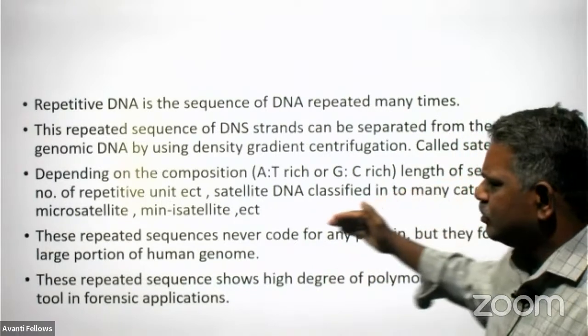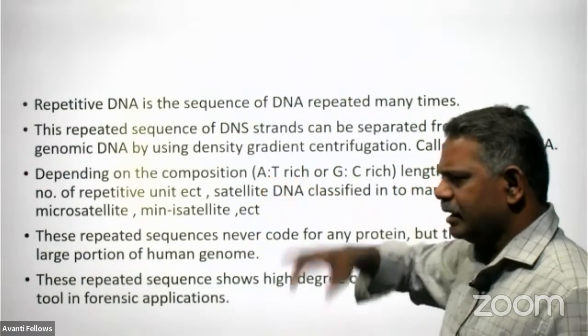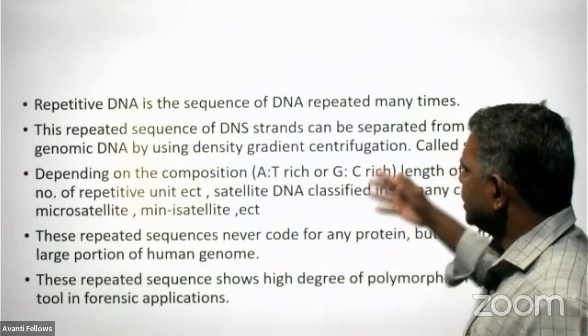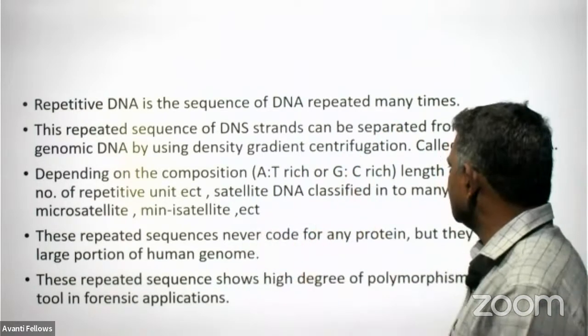It can be categorized according to its nature. Some repeated sequences are rich in AT, adenine and thymine, and some are rich in GC, guanine and cytosine.